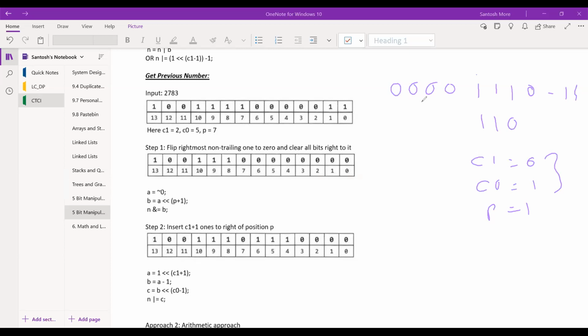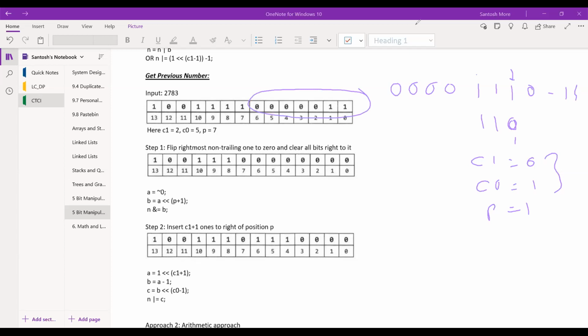So now what we'll have to do is reset this bit when I right shift this P to here. Why is P at 1? Like we have two ones. So always we need to look for a pattern like this: the immediate trailing 0.